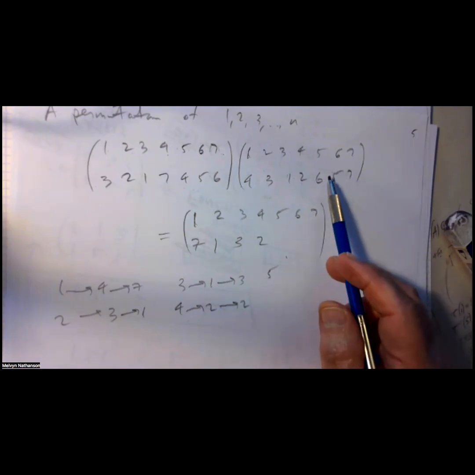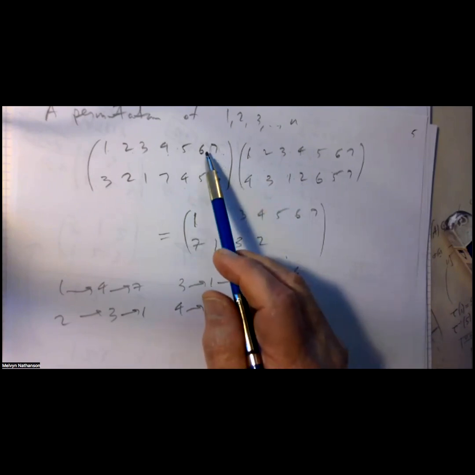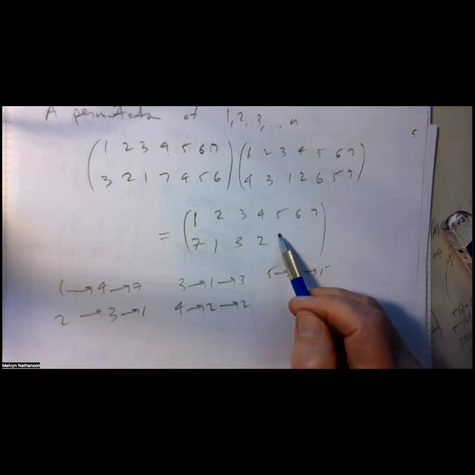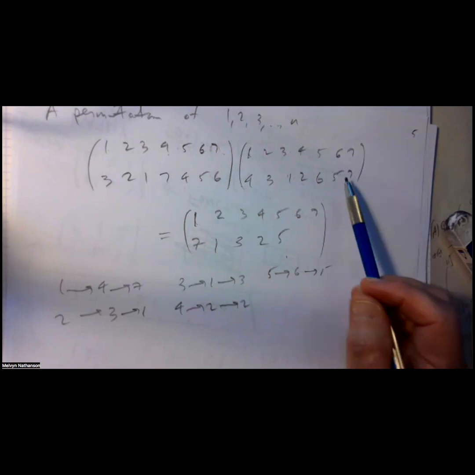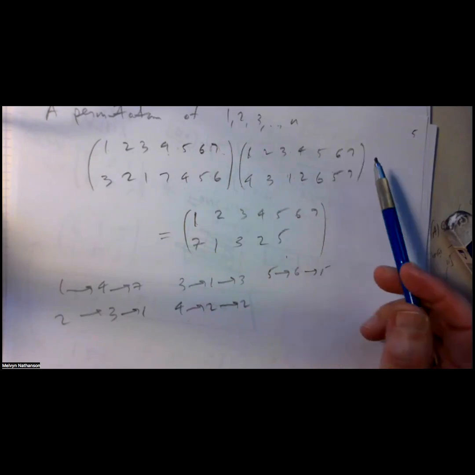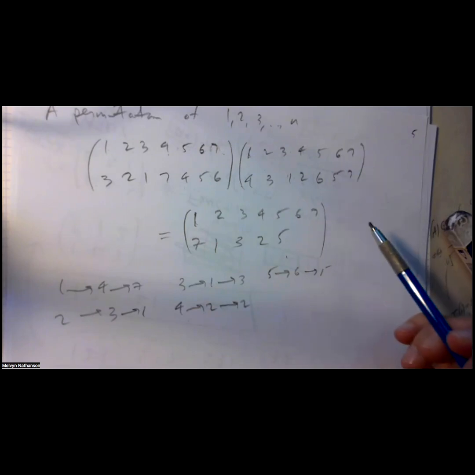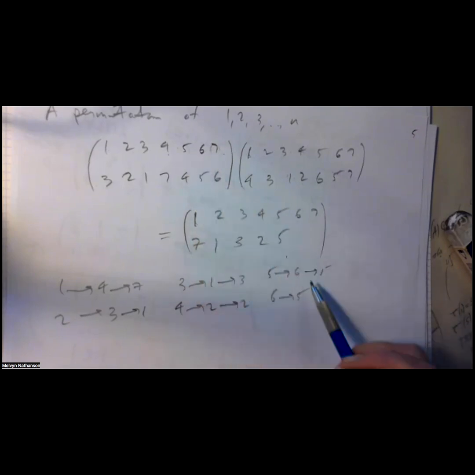5, the permutation on the right sends 5 to 6, and the permutation on the left sends 6 back to 5. So 5 stays at 5. 6 gets sent to 5, and 5 here gets sent to 4.